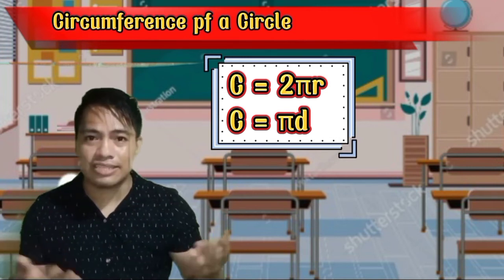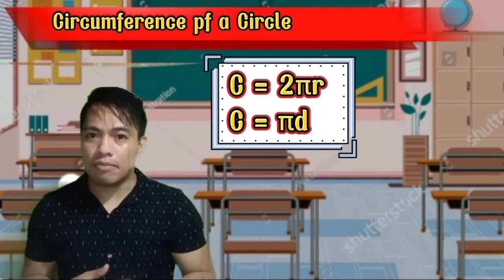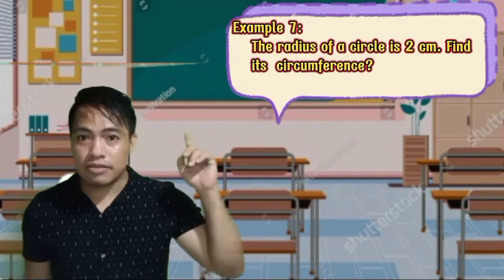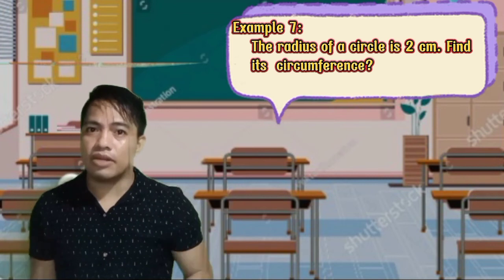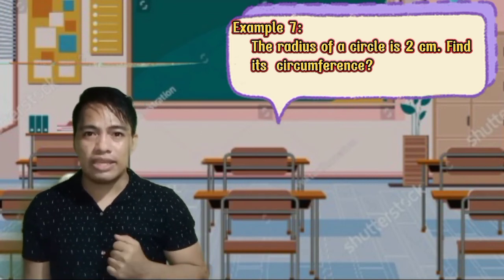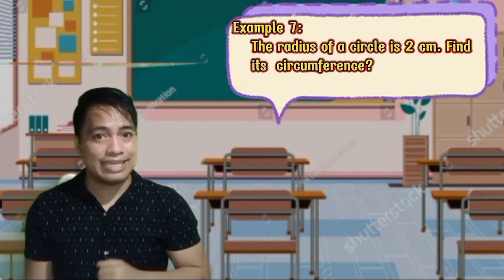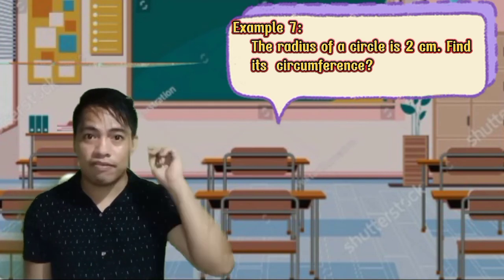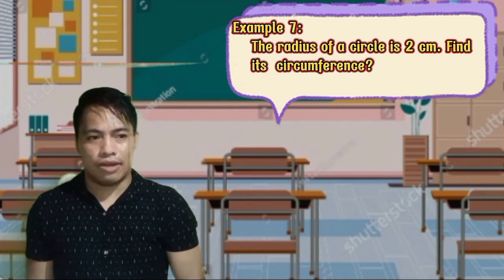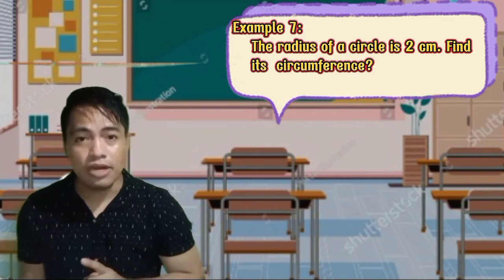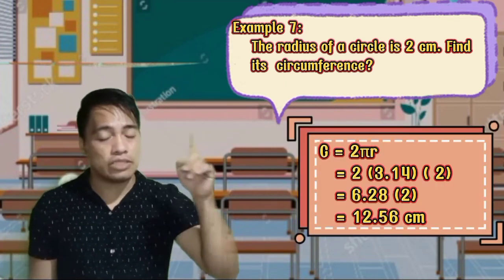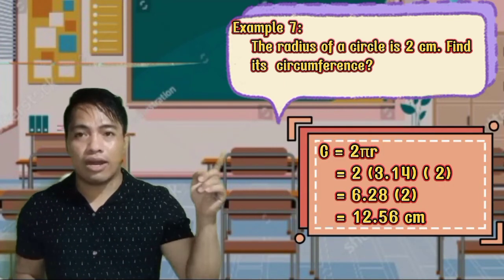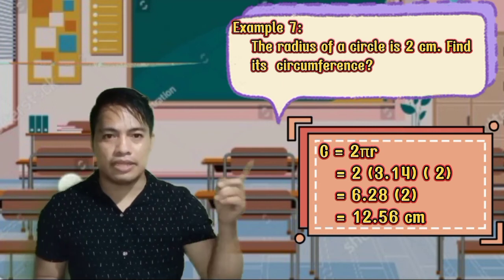Okay, I have here an example. The radius of a circle is 2 centimeters. So now, my question is, what is the formula that we're going to use? Is it formula number 1 or formula number 2? Alright, so that is formula number 1. So we have C equals 2 pi r. Then our r, or the radius, is 2 centimeters.